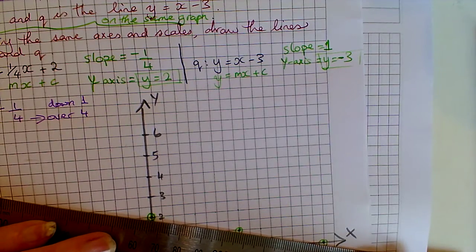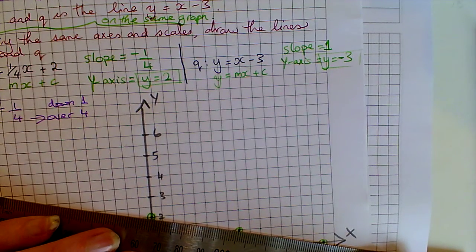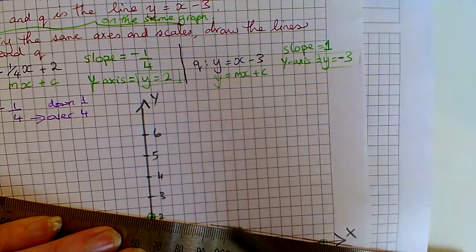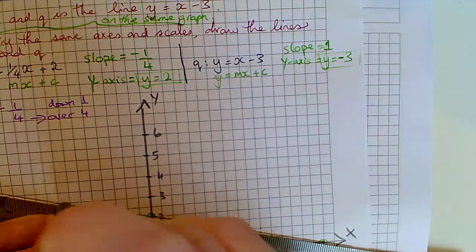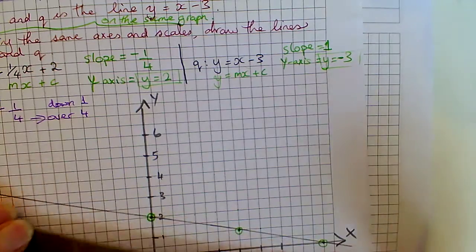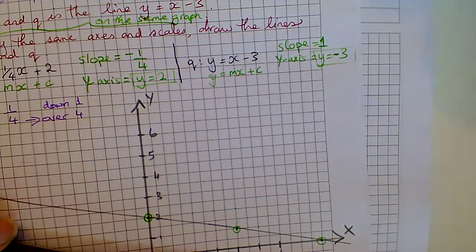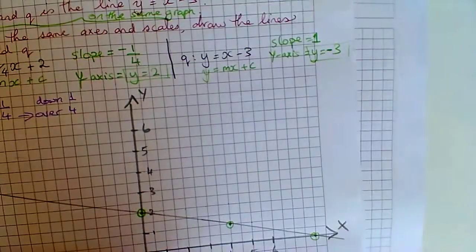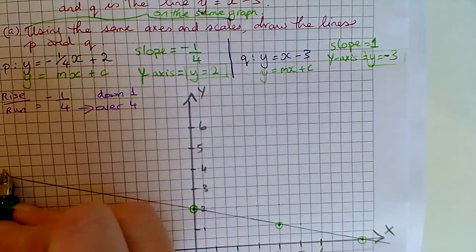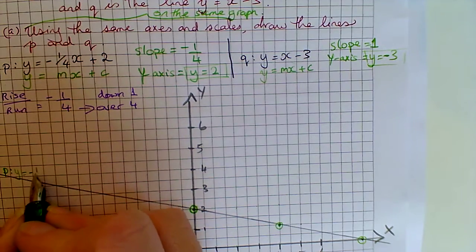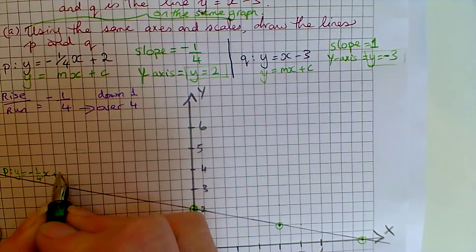You should always do your lines in pencil until you're really sure of them. You can always go over them in pen once you're happy that you've done it right. If you make a mistake, you need to be able to rub it out and fix it without having to draw your axes all over again. So that's the line P, and like I've said before, it's good practice to write in that P is given by y equals -1/4 x plus 2.